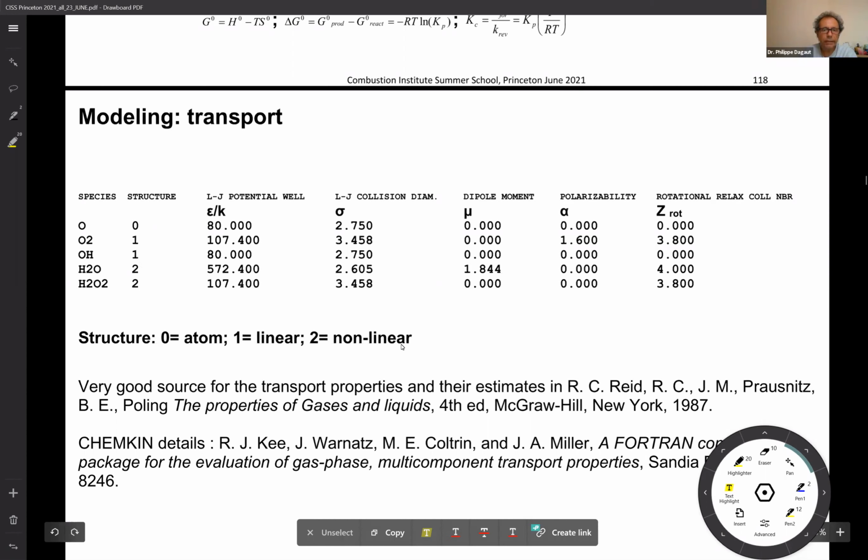And if it's a non-linear species, it's 2. The Lennard-Jones potential well is also provided. Lennard-Jones collision diameter, dipole moment, polarizability, and rotational relaxation collision number are provided. So this is documented in this report from somebody.